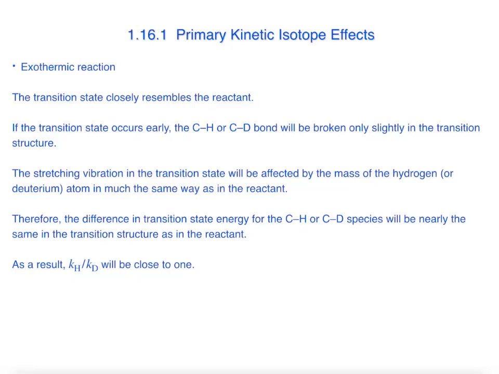Therefore, the difference in the transition state energy for the CH or CD species will be nearly the same in the transition structure as in the reactant. In this scenario, the ratio of the rate constants for the CH or CD bond will be close to 1.